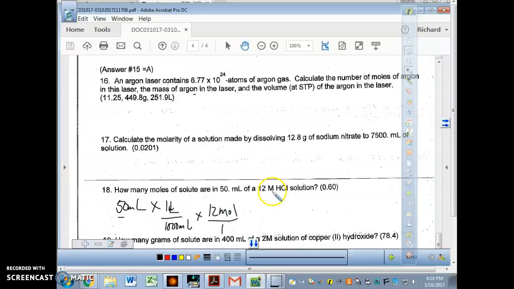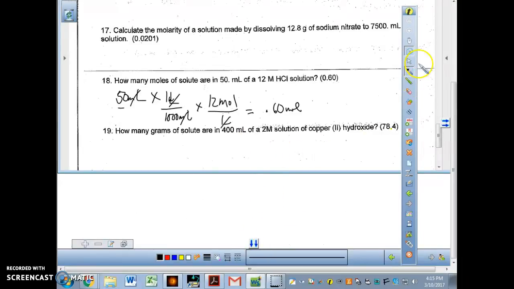Remember, the M means moles per liter. So liters cancel, milliliters cancel, and 50 divided by 1,000 times 12 is 0.6. Now we can write that answer, in this case 2 sig figs, it's 0.60 moles.